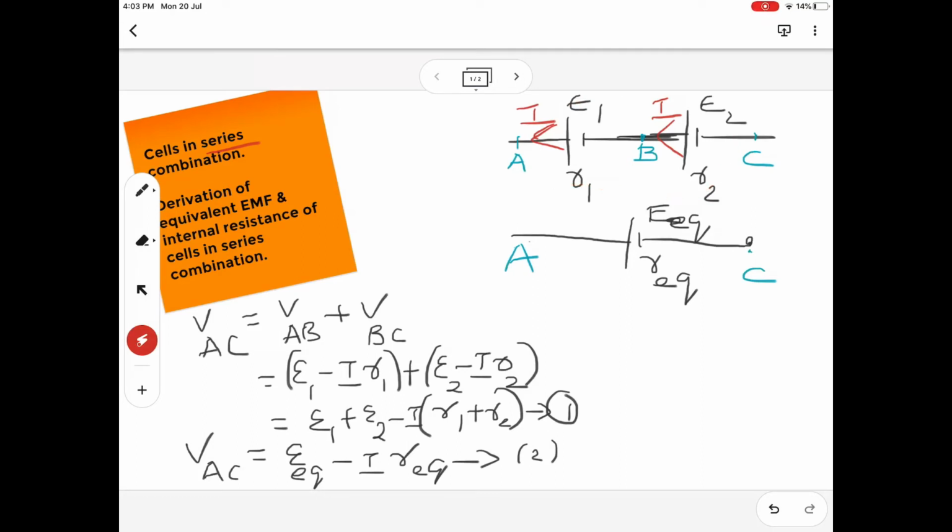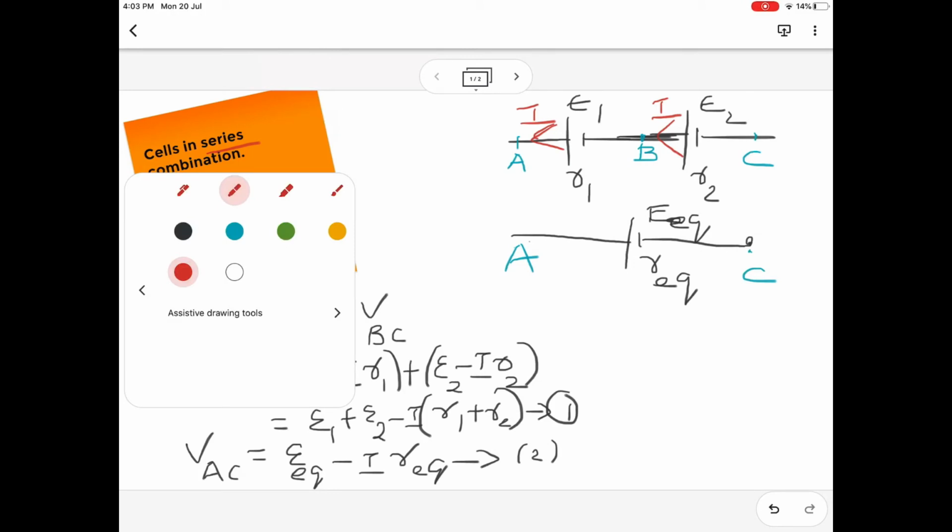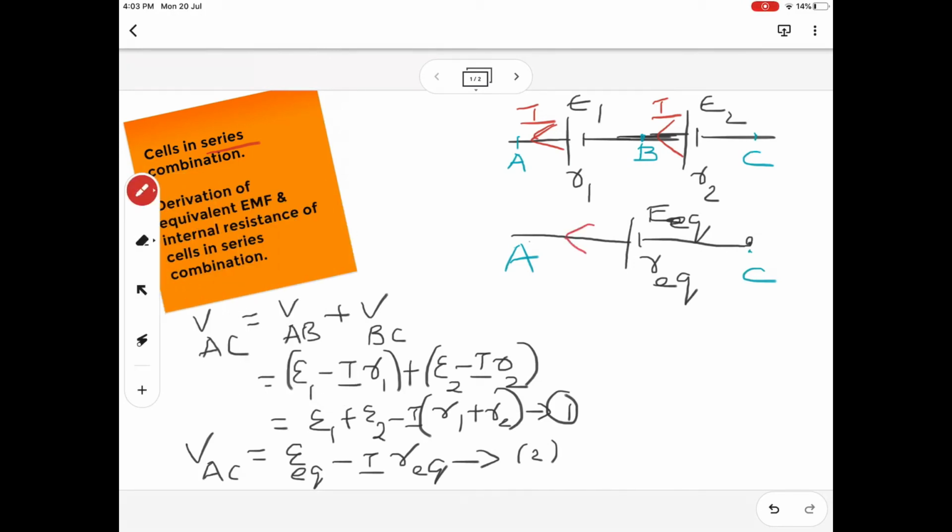When you compare equations 1 and 2, the left sides are equal. So now let us compare the right hand sides. We get E equivalent to be E1 plus E2 and R equivalent to be R1 plus R2.